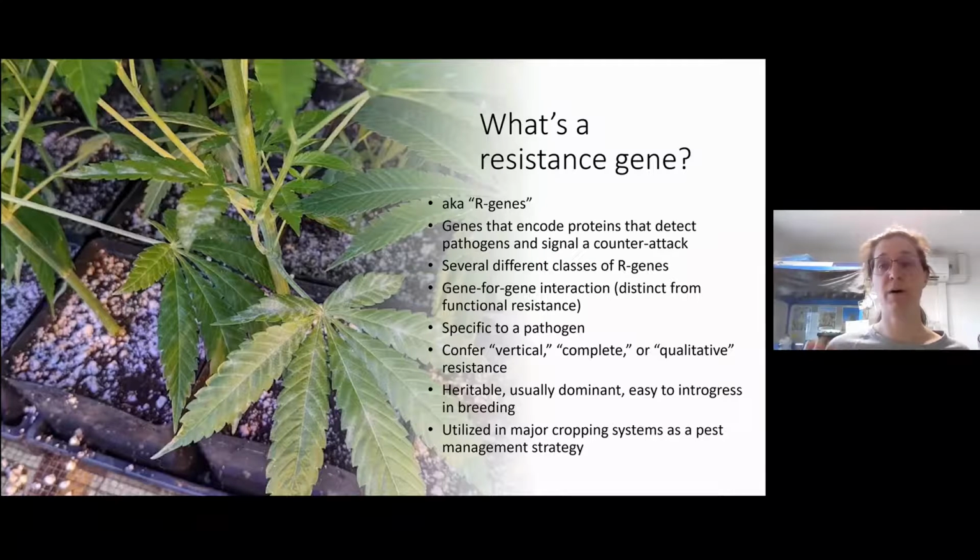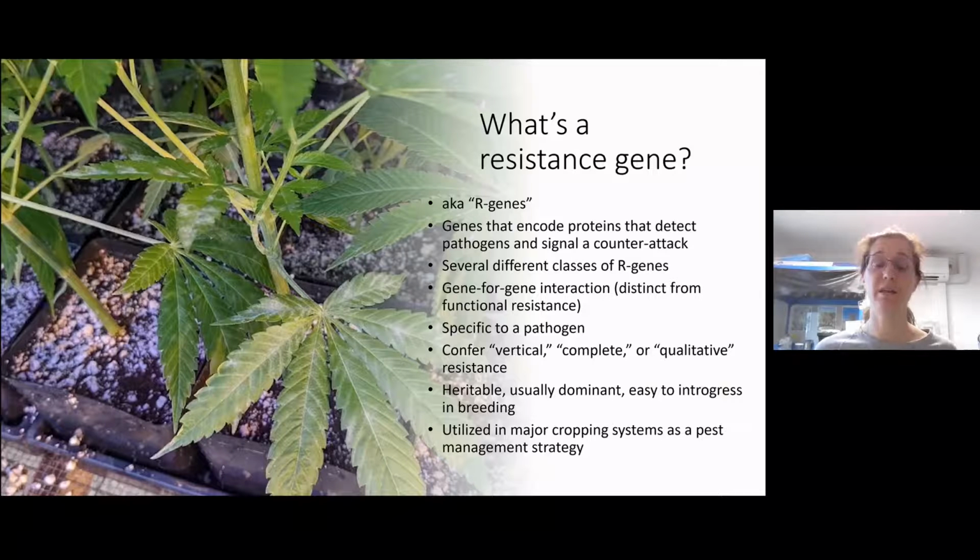And when we're talking about R genes specifically, usually we're talking about genes that confer this vertical, complete, or qualitative yes/no type resistance. Does it get sick or does it not get sick? It's not this sort of gradation of sick. These genes are usually heritable, and they're usually dominant, so plants only need one copy of them in order to be resistant, which means they're easy to introduce and bring into a breeding program and into new plants.